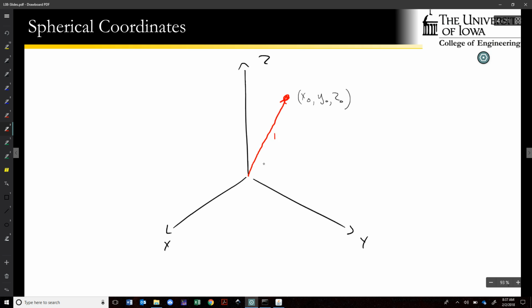That line has length r. If we project that line down into the xy plane, its angle in the xy plane is called phi, and the angle of deviation from the vertical is known as theta. So that point can alternatively be stated as r naught, phi naught, theta naught.